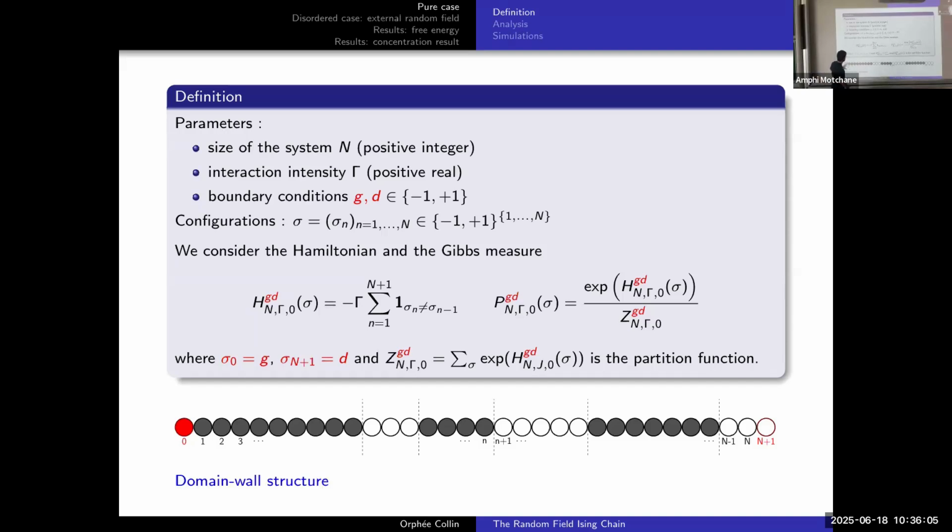Some vocabulary: consecutive sites with the same spins are called spin domains, and the spin domains are separated by spin walls, which I presented using dashed lines. So this is the structure of spin domains and spin walls.